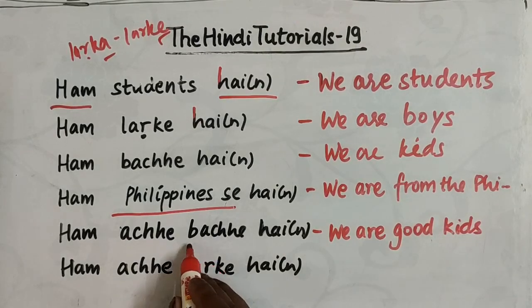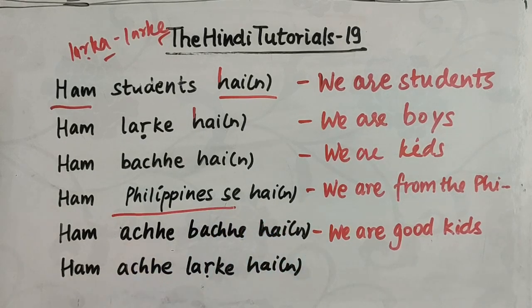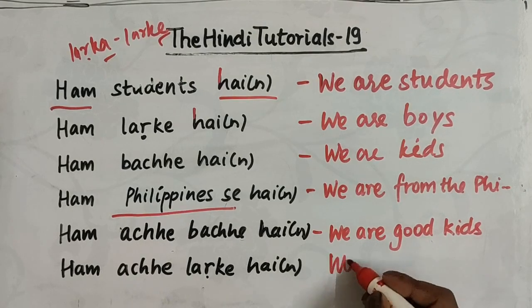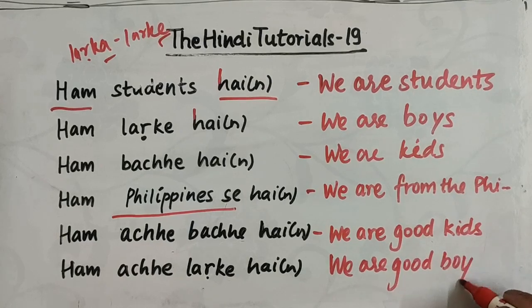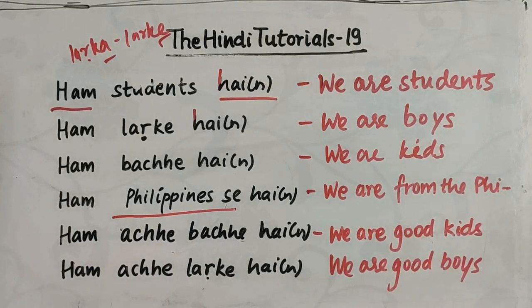Now here it means either it's a group of male kids or a group of male and female kids. हम अच्छे लड़के हैं, we are good boys. ठीक है? You will see हम हैं.